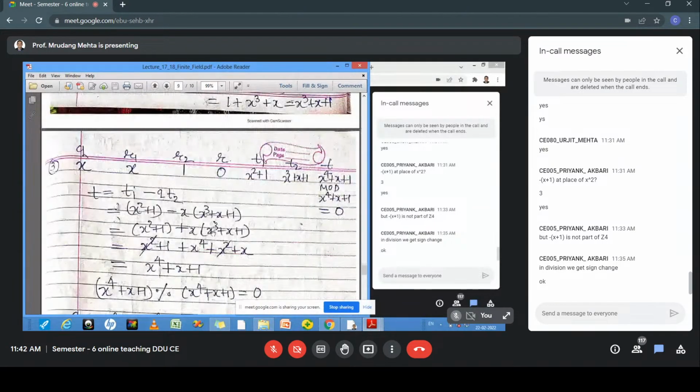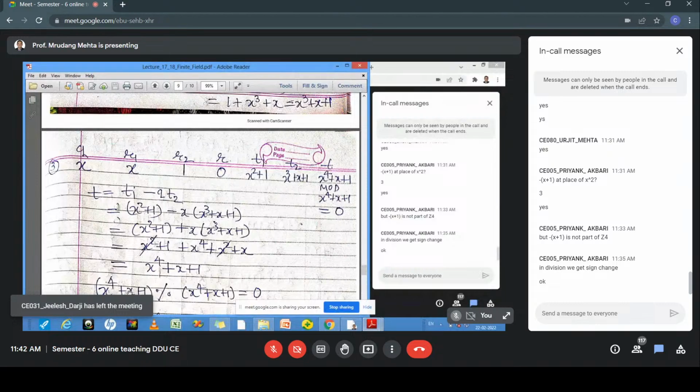So we again shift: R1 equal to x and R2 equal to 1. So we have found that R2 is 1. At that point, t equal to t1 minus q t2. So t1 is x square plus 1 minus x into x cube plus x plus 1, minus is plus. So we follow this operation and what we get is x raised to 4 plus x plus 1.